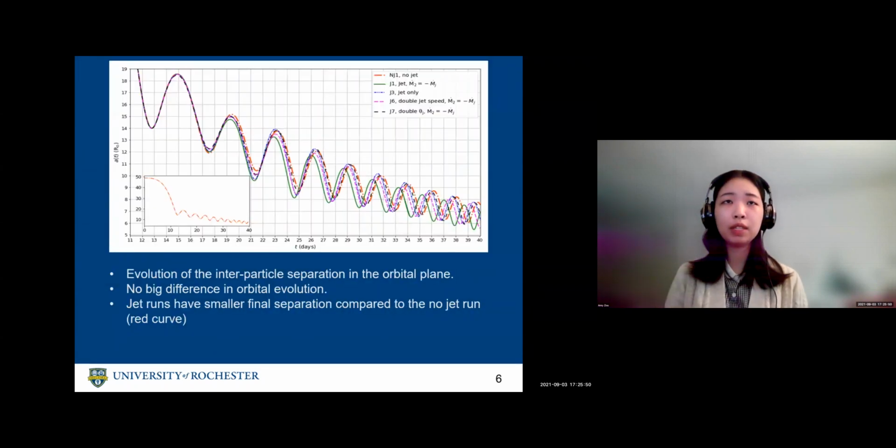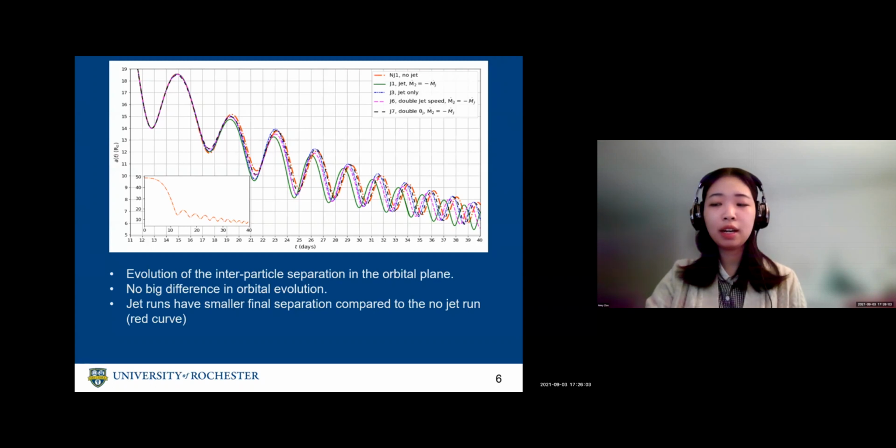Here you can see the time evolution of the interparticle separation of the 5 models shown in the last slide. The first message is that the jet doesn't contribute much to the orbital evolution.